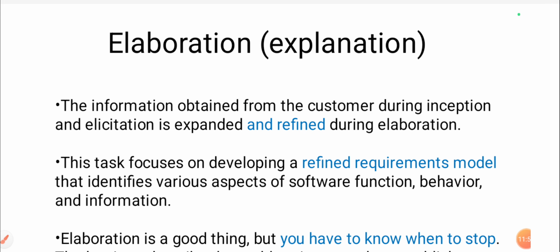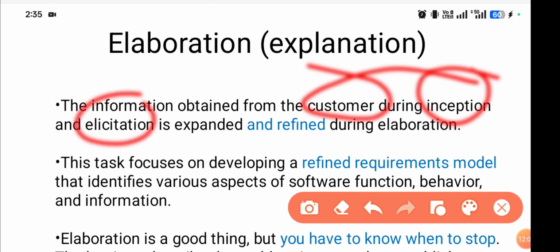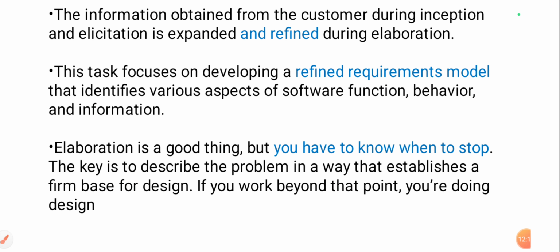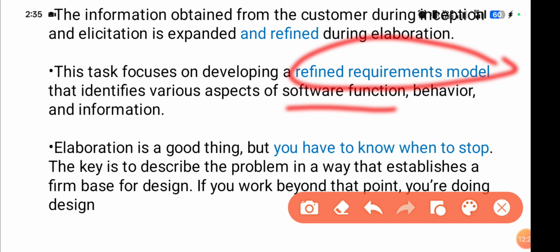Elaboration. In elaboration, there is explanation. The information obtained from the customer during inception and elicitation is expanded and refined during elaboration. This task focuses on developing a refined requirements model that identifies various aspects of software function, behavior, and information.